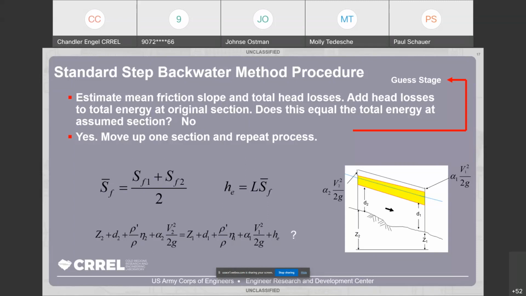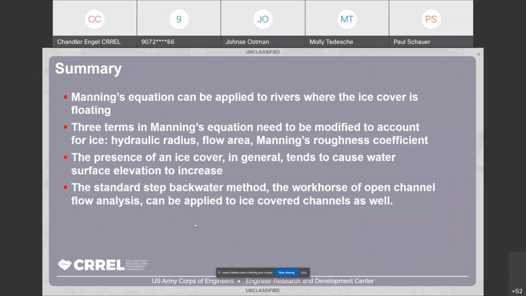We're just using these modified terms for conveyance, essentially, that have the adjusted hydraulic radius and Manning's roughness value baked into them. I tried to cover probably a whole hydraulic engineering class lecture in under 30 minutes, so I apologize if I blew past some of you.